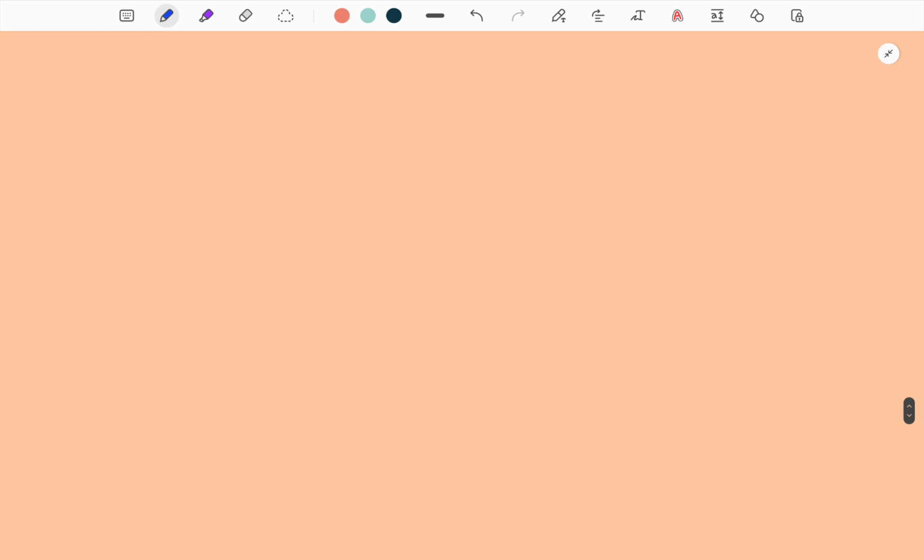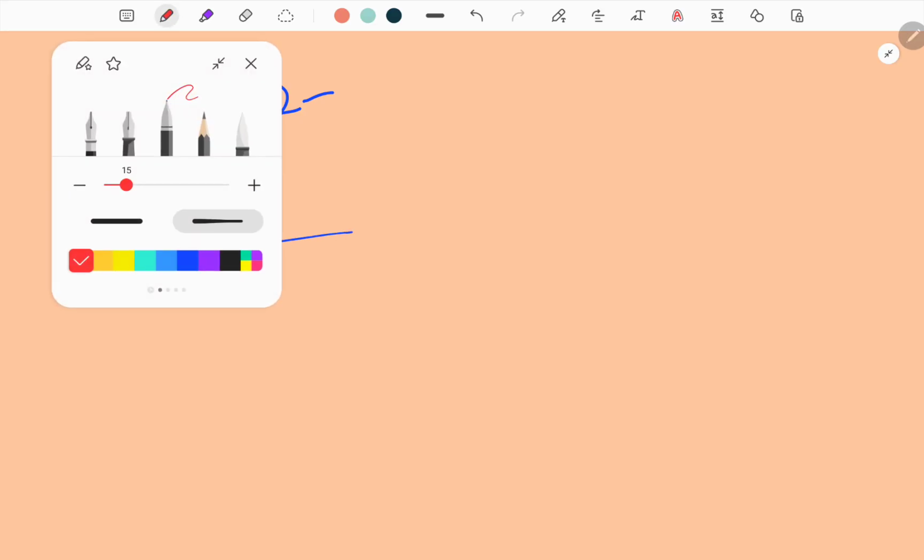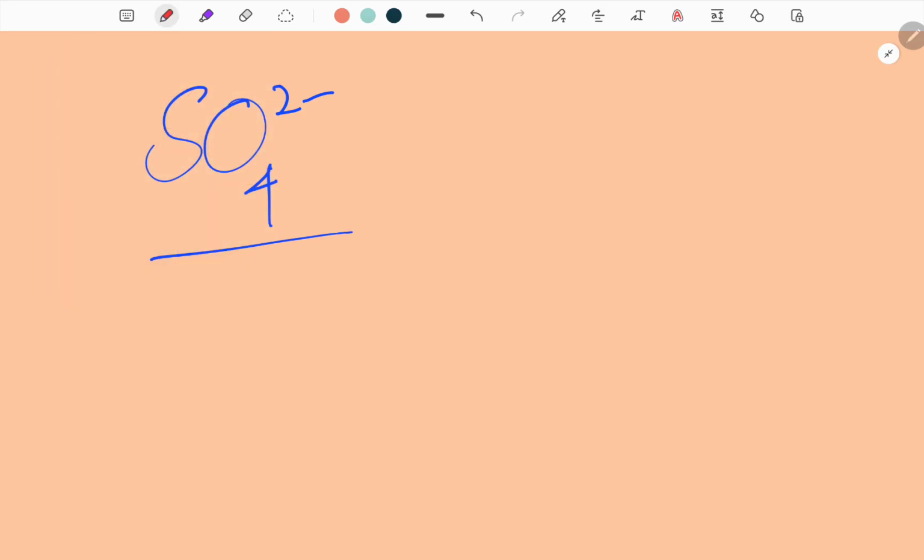Now, the next ion that we need to discuss is the sulfate ion, SO4 2 minus. For the sulfate ion, we have two tests. Actually, the second test is a continuation of the first test.